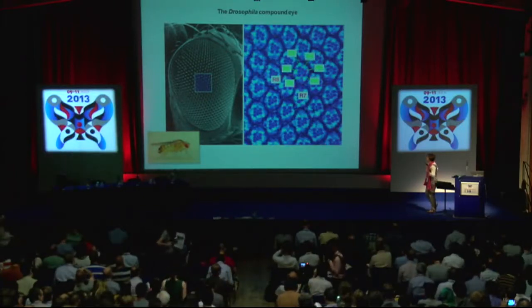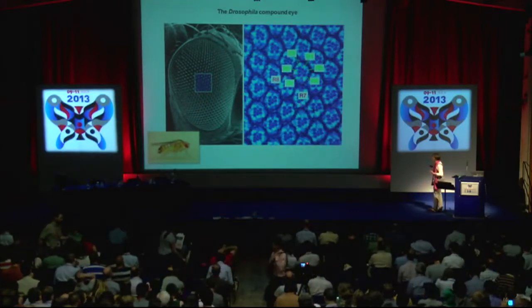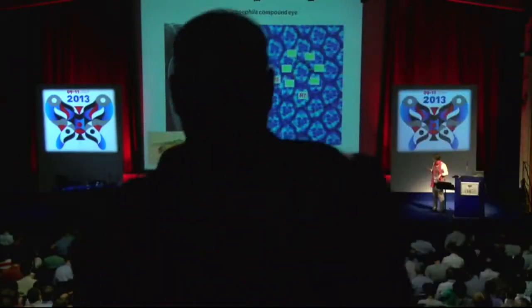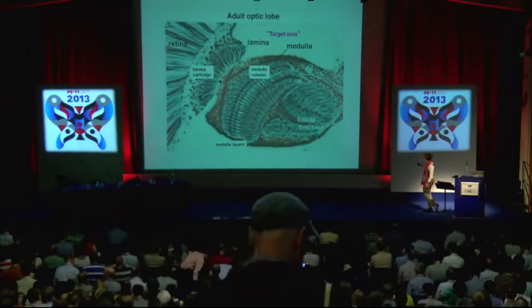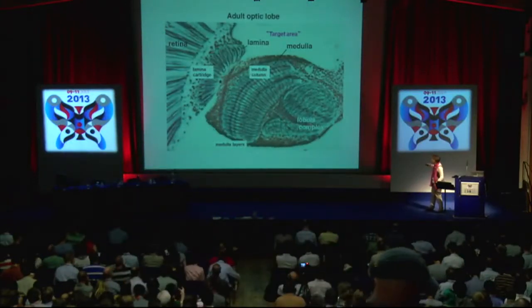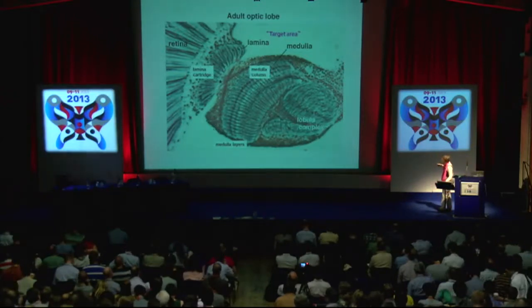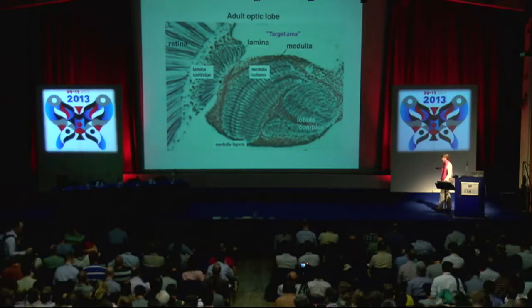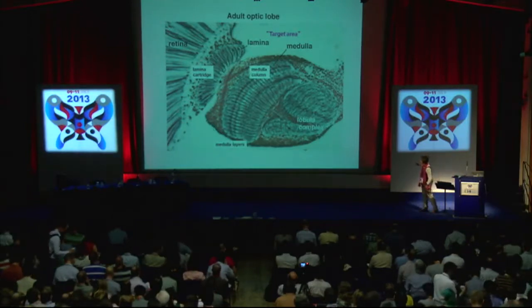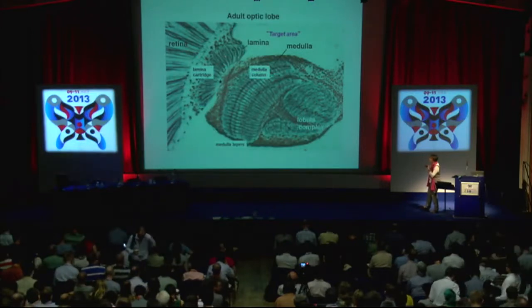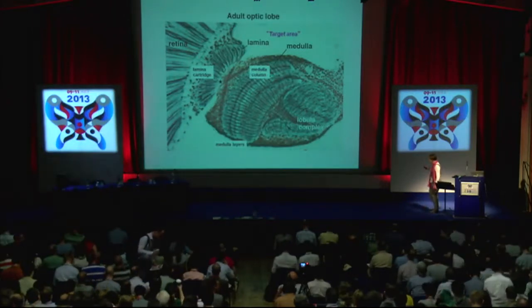There are 6 outer ones, R1 to R6, and 2 inner ones, R7 and R8. R1 to R6 are the motion detectors, and R7 and R8 are the color detectors. Their cell bodies are located here in the retina, and they extend axons into the target area, which is subdivided into 3 areas: the lamina, the medulla, and the lobular complex. I hope you can appreciate here the highly regular organization in cartridges, columns, and layers.